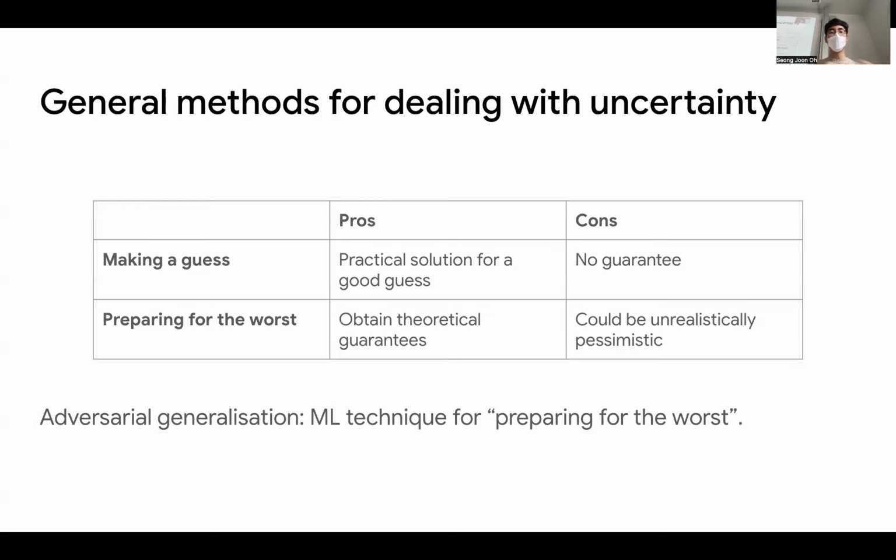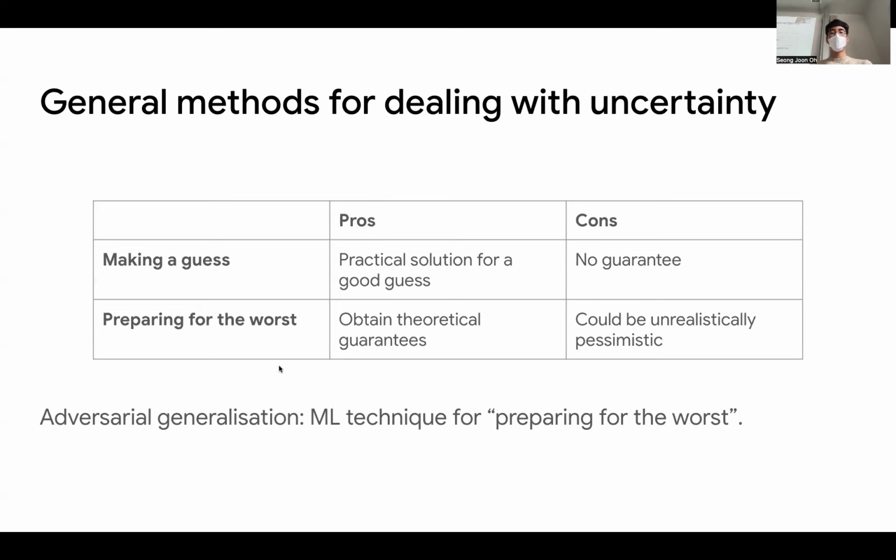The pro for making a guess is that when you make a very good guess, then you have a practical solution. You have a nice solution. But the con is that there's no guarantee. If you do not know whether you're making the right guess, then in the worst case you're probably not making a lot of progress.